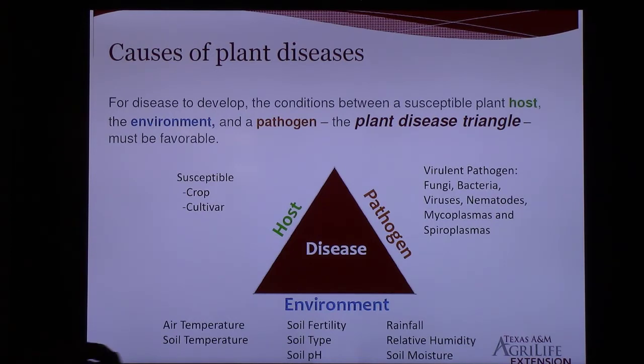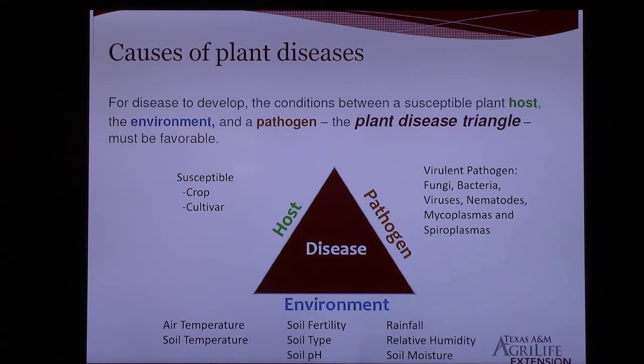We tend to see plant diseases more in the summer months whenever the temperature is warm, because a lot of these fungi and bacteria can't survive in the cooler temperatures. So maybe the air temperature needs to be a certain temperature, or even soil temperature. We've got bacteria and fungi that might live in the soil. So maybe the soil temperature needs to be above 70 degrees in order for that environment to be just right.